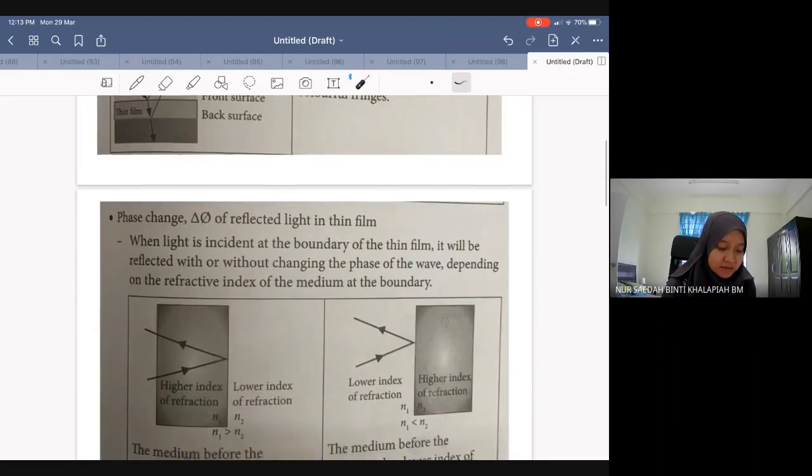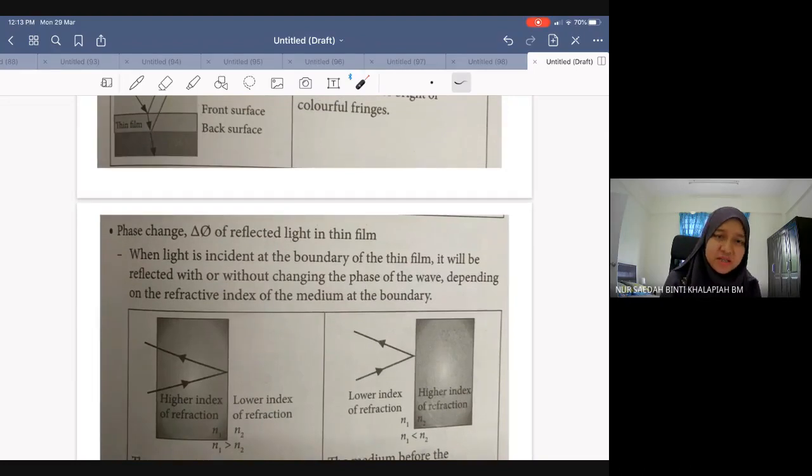So next is about phase change. Phase change, delta phi, of reflected light in thin film.